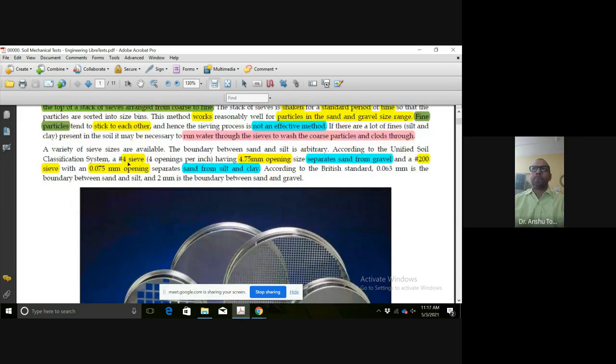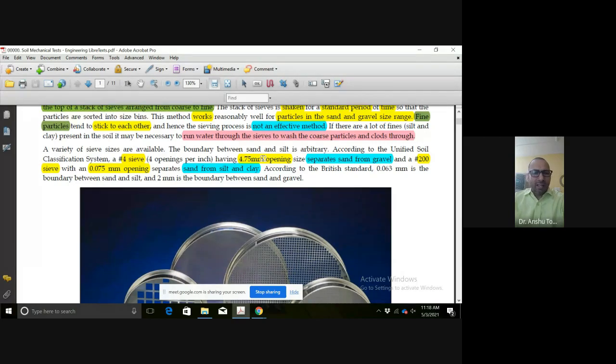A variety of sieve sizes are available. The numbering could be anything, but the main thing is the size of the opening, because the numbering varies from country to country. In India the numbering of the sieve can be different compared to America, that is ASTM, and whatever Eurocode suggests could have a different numbering.